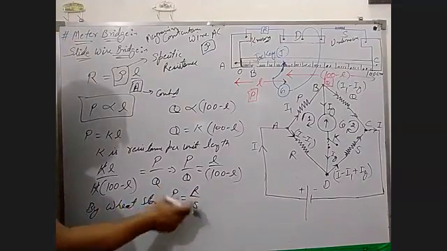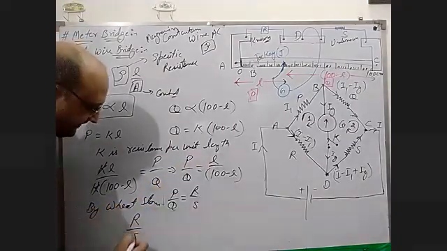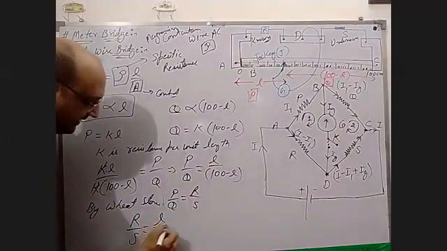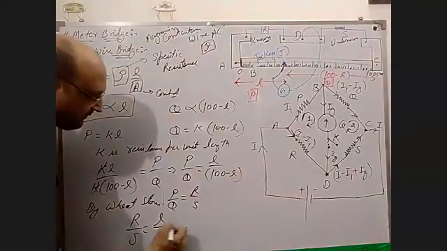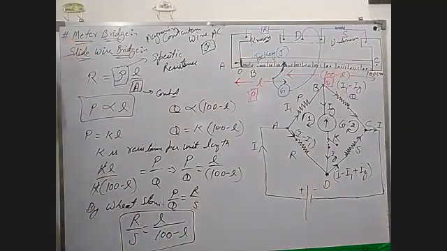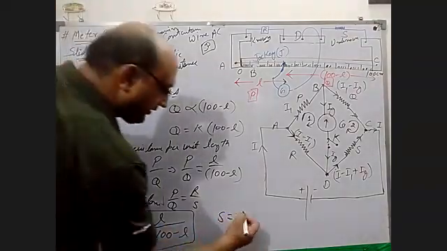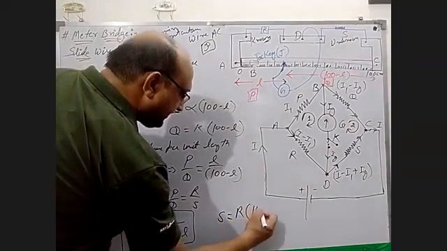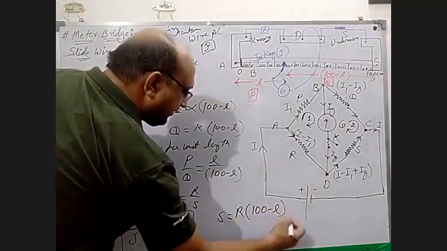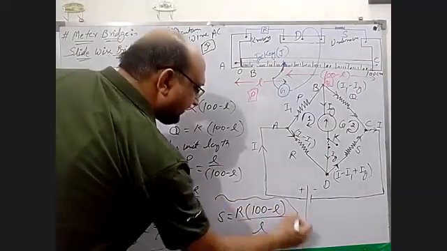Now replace this by R by S, and we get R upon S is equal to L upon 100 minus L. S you can calculate by cross multiplication: S is equal to R into 100 minus L upon L. So this is the final result.